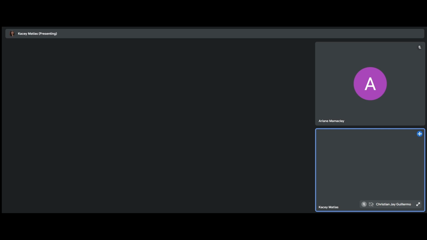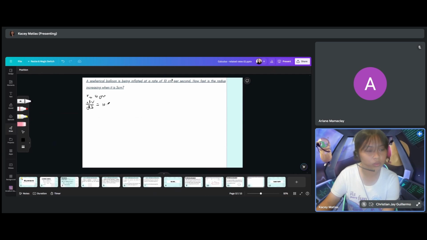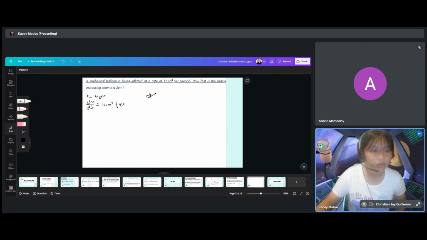Yung radius na 5. Then, si dV over dt equals 10 cubic centimeter per second. So, ang hinahanap natin dito is yung radius ulit, pero yung radius increasing, yung rate ng pag-increase ng radius ng spherical balloon.